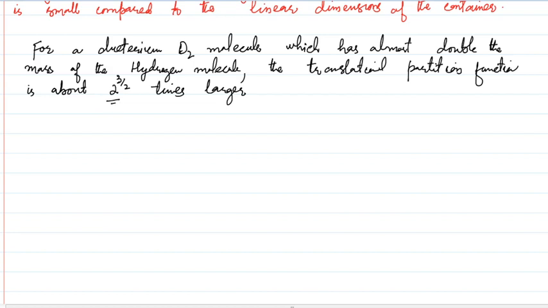So if you take the deuterium molecule in place of the hydrogen molecule, we will find that its translational partition function is basically 2 to the power 3 by 2 times larger. How we will see it through this example?